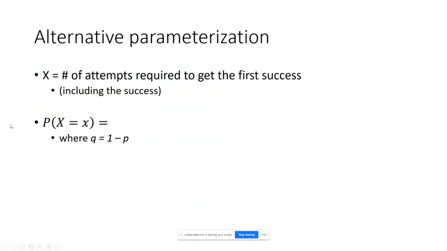So here, our formula for the probability that x equals some specific value little x is q to the x minus 1 times p.